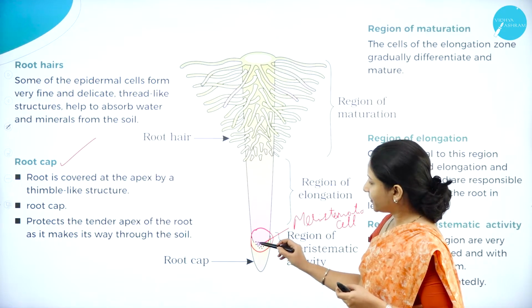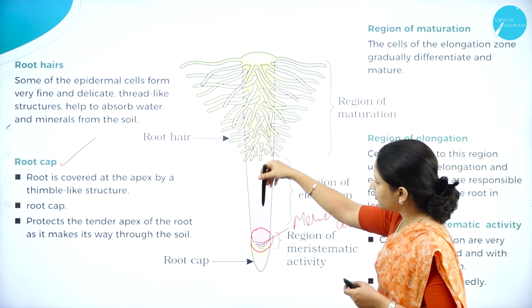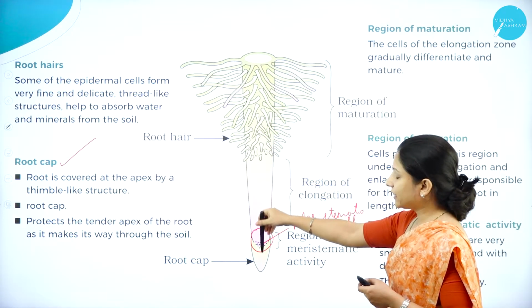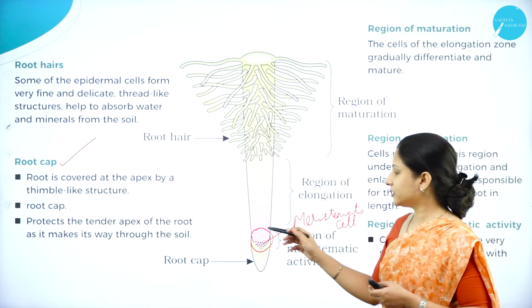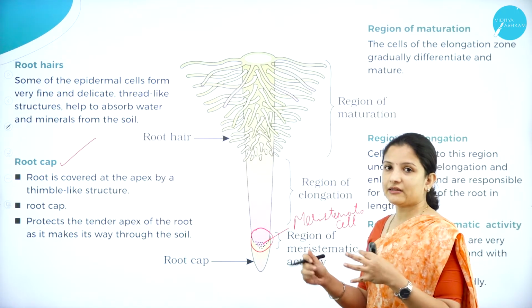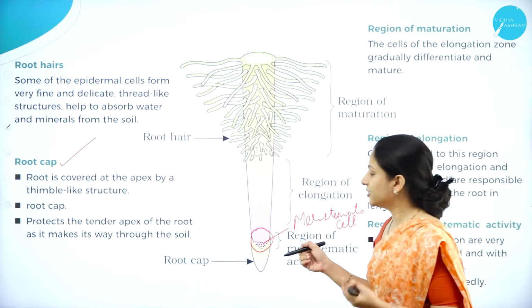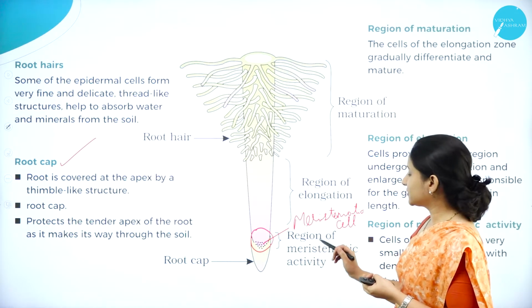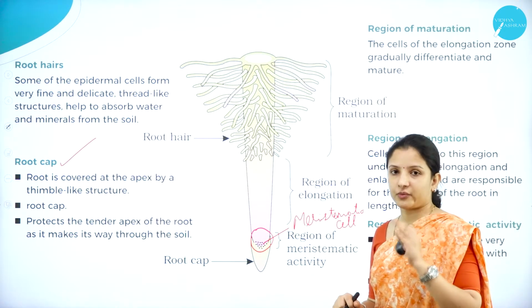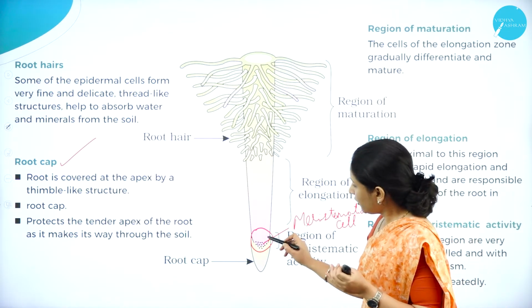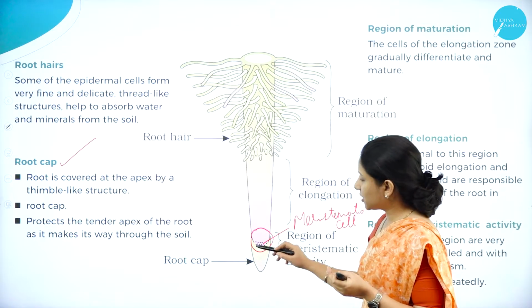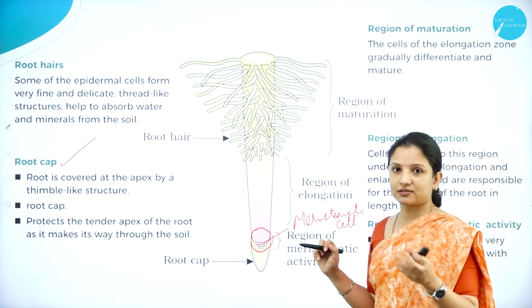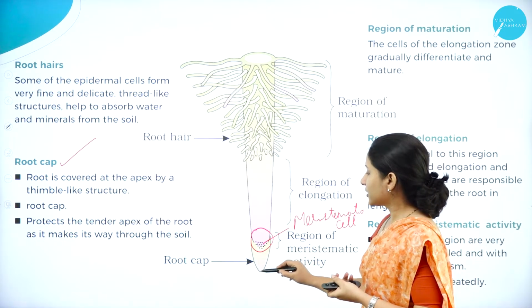Because they are present here, the roots are able to increase their length, because here the cells keep on dividing, therefore the length of the root will increase. So this region, the meristematic region, or the region of meristematic activity, is very, very important. In order to protect this particular region where there are abundant meristematic cells, the root cap is present.